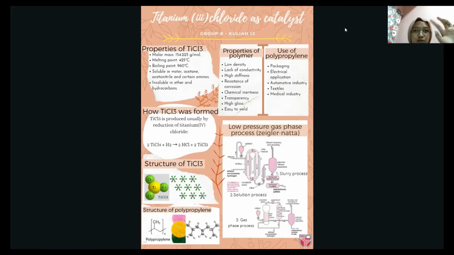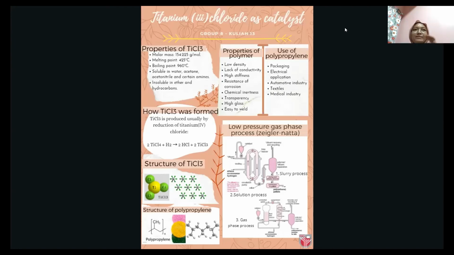Upon the polymerization, it can form three basic chain structures depending on the position of the methyl groups. The first one is the atactic, the irregular methyl group, CH3 arrangement. The second one is the isotactic, the methyl groups arranged on one side of the carbon chain. And the last one is the syndiotactic, the alternating methyl group CH3 arrangement.